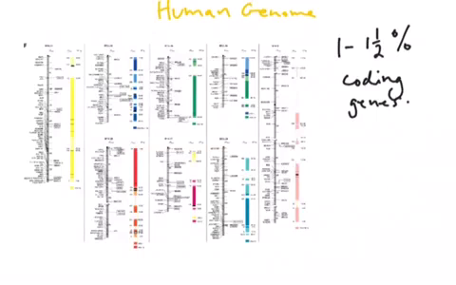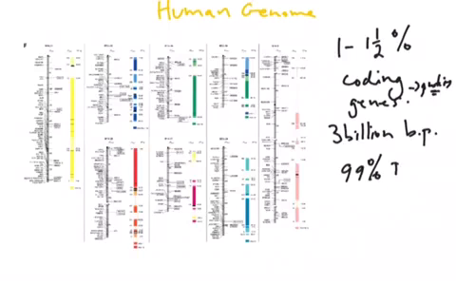There's around about 3 billion base pairs in the human genome. BP refers to base pairs, of which 1 to 1.5% code for particular proteins. It doesn't take much mathematics to work out then that about 98.5 to 99% of our DNA is non-coding.